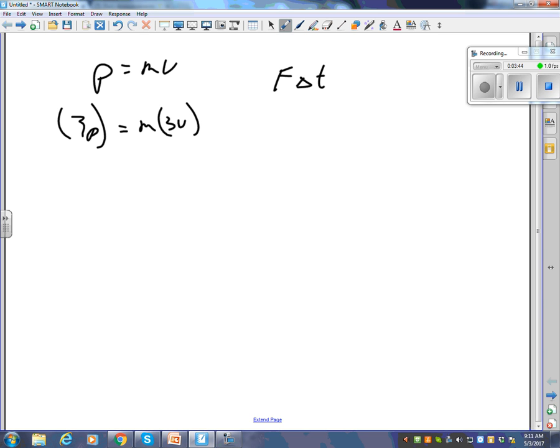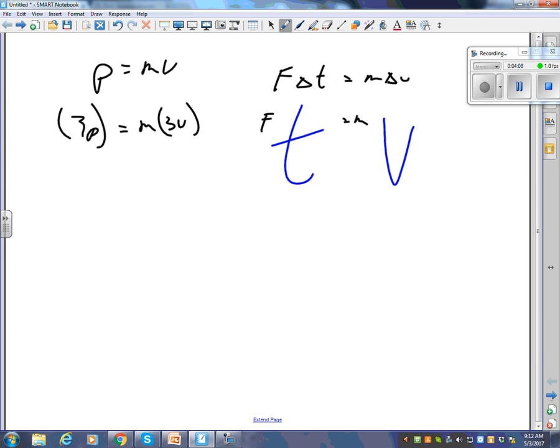F delta T is equal to M delta V. The mass of the object remains the same, the force remains the same, but if you follow through, you increase the time. And again, left and right have to be balanced, give and take. You increase the velocity, which makes it go farther. That's why we follow through.